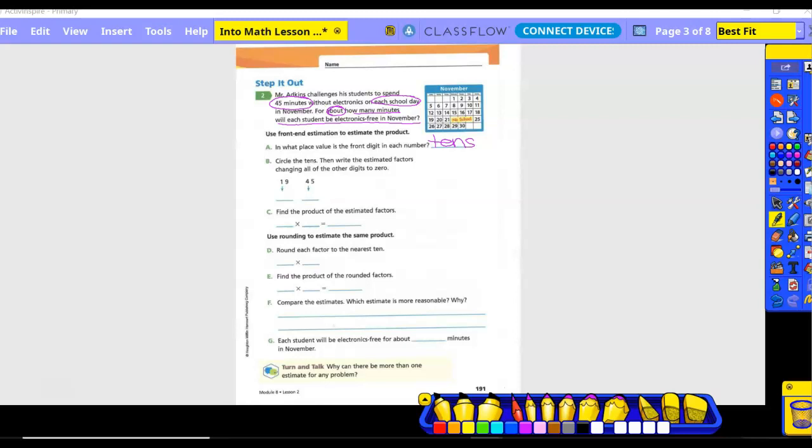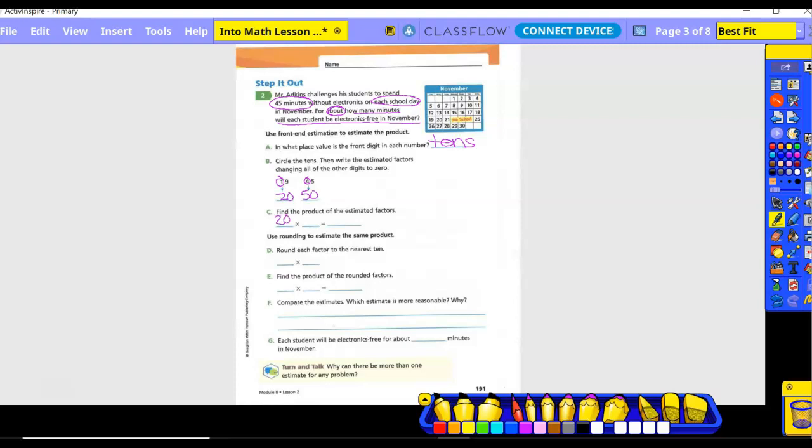Circle the 10s, then write the estimated factors, changing all the other digits to a 0. So we have a 1, right? The 9 is 5 or higher. So is it closer to 10 or 20? 20. The 4 is in the 10 spot. 5 is 5 or higher. So is it closer to 40 or 50? 50.